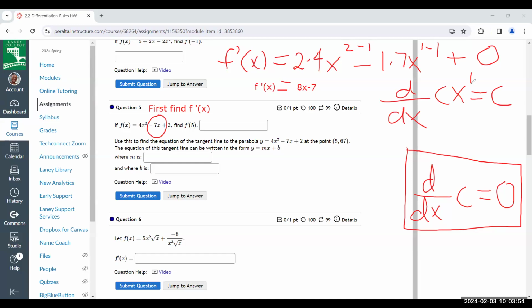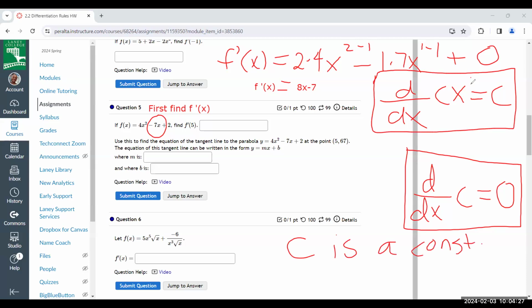That one comes down, and then you take one away from one to get your new power. You get 0, and x to the power of 0 equals 1. And so you just end up getting c. So that's just another rule that people kind of do naturally after some practice. By the way, for both of these cases, c is a constant. These rules that I just wrote down, c is a constant.